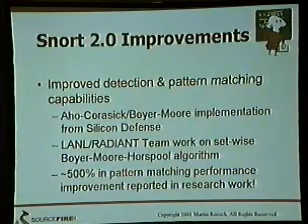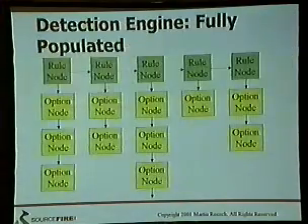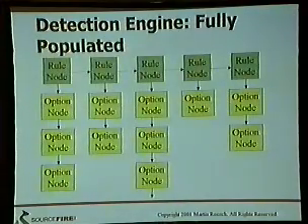The guys at Silicon Defense did a paper on re-implementing the pattern matcher using what's called an Aho-Corasick routine. So what this does is it allows us to take all of the content checks in an option chain. Basically, right here, these option nodes we turn into option chains essentially.